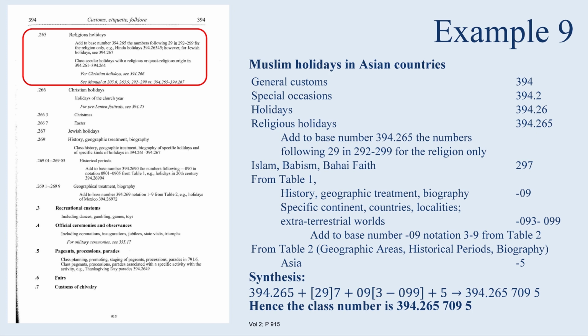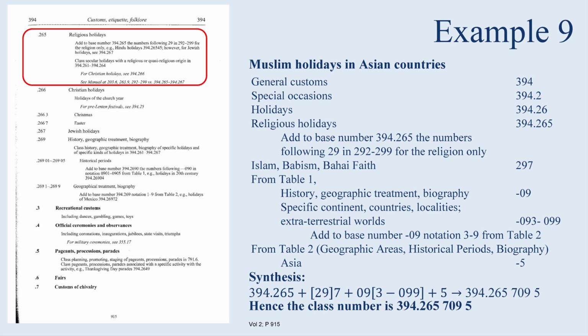Okay, we have got the number for religious holidays, and for Muslim religious holidays, there is an instruction to add from 292 to 299. And we know that in 297 there is Islam, Bahaism, Baha'i faith, etc. So the number will be 394.2657, because we have to omit the first two digits, that is 29, as per the instruction under 394.265. Okay, and with the help of Table 1, we have to find the number for Asia from Table 2, that is 5.